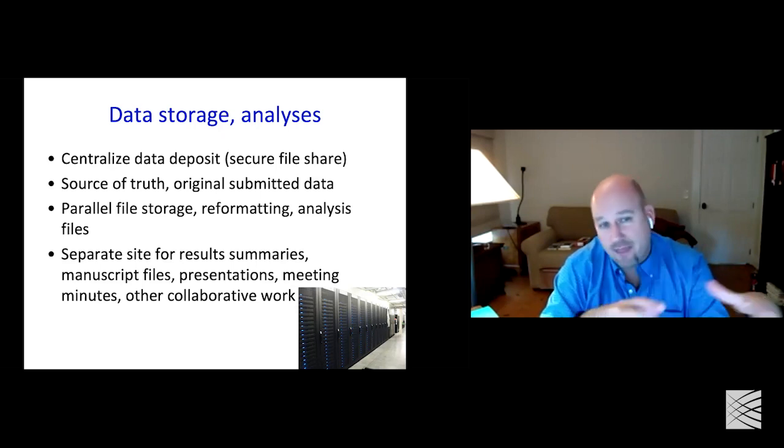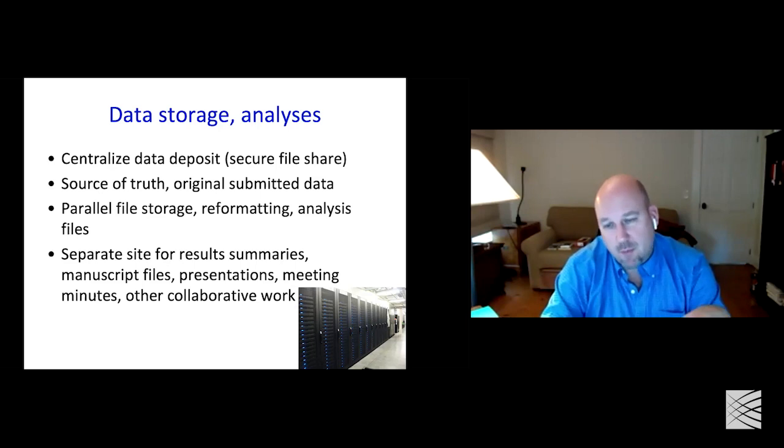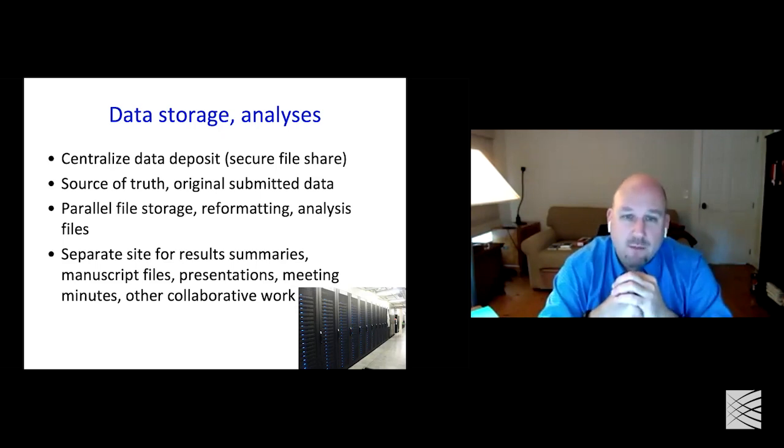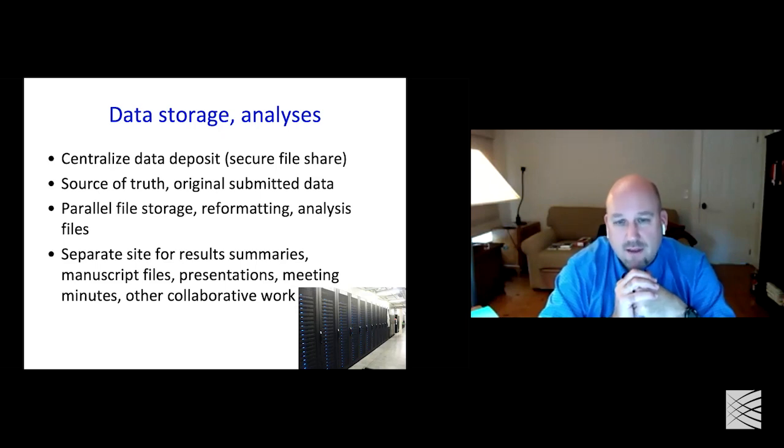So I think there should be one common deposit site where all of the cohorts deposit their data, and that represents a source of truth for the original submitted data that is not modified by the central analytic group. Then parallel file storage, reformatting, and analysis of files as necessary is done at the two sites.